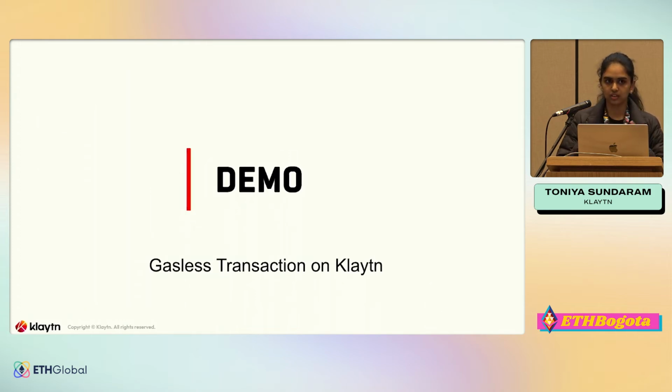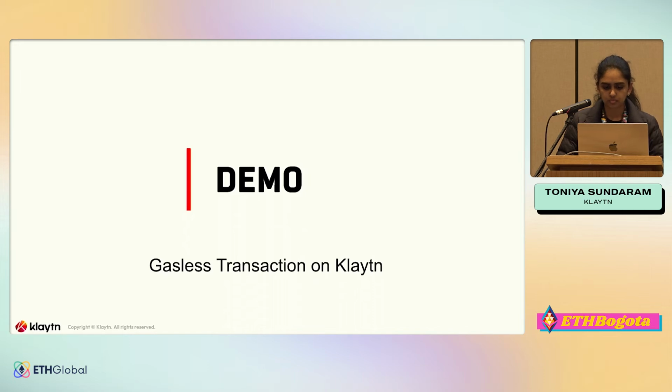So now, using one of our features, fee delegation, let me show a quick demo. I'm going to make a use case of a gasless transaction on Klaytn. If a user wants to deploy a contract, I'm just taking this example for today, but you can have any use case you want to implement to take advantage of fee delegation.